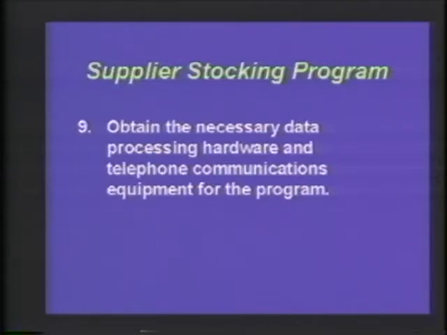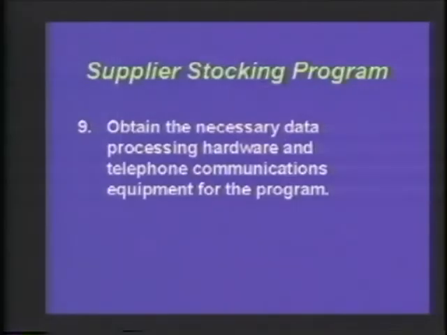Basically, this type of vendor stocking would be where we carry some of the inventory and the vendor likewise carries some of the inventory. The hardware requirements are very simple. You need a terminal, you need a modem, and you need a telephone.